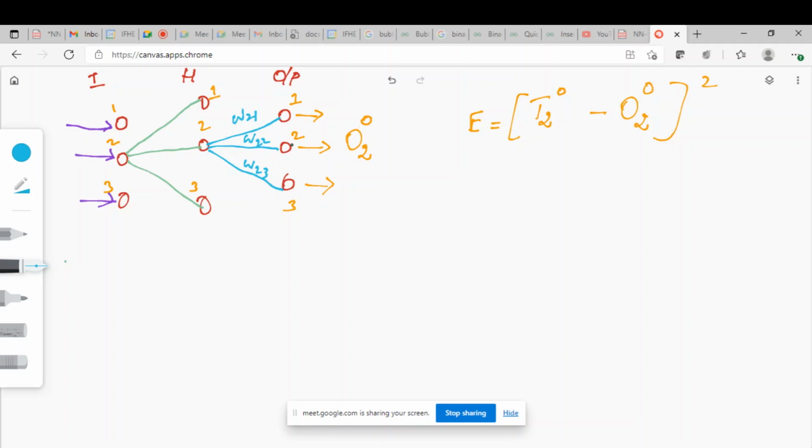Out of these three weights, this output depends on W22. Yes, it also has weights from other neurons, but we are not considering that for the time being, because that will complicate our understanding. This neuron also has a link from the first neuron, so there will be a weight W12, and a weight W32, but we are not taking that.